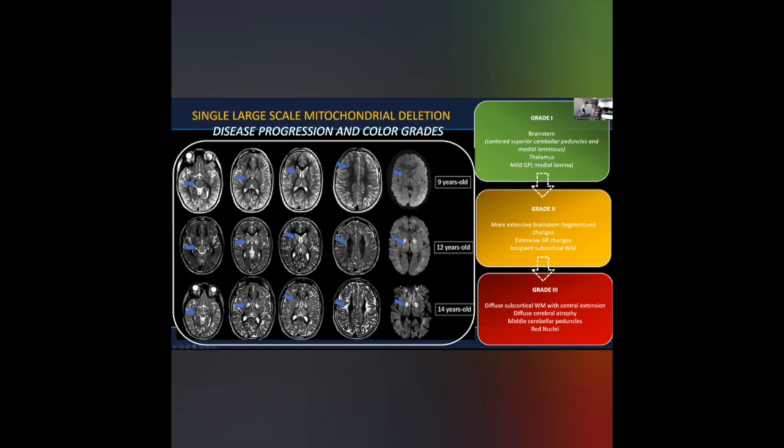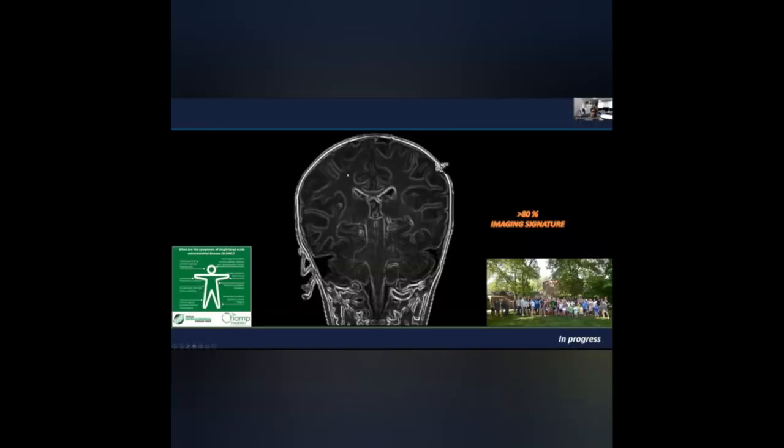There are some potential grades that we may think, since we understand more or less how the disease progresses over time. We see that the majority of the patients with diffuse involvement of white matter tend to have a poor outcome at the late stage of disease when compared to those where you see only involvement of the basal ganglia and brainstem without involvement of the white matter.